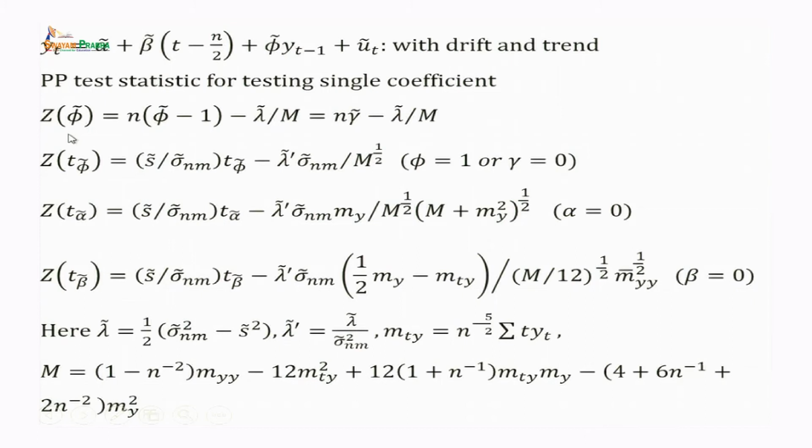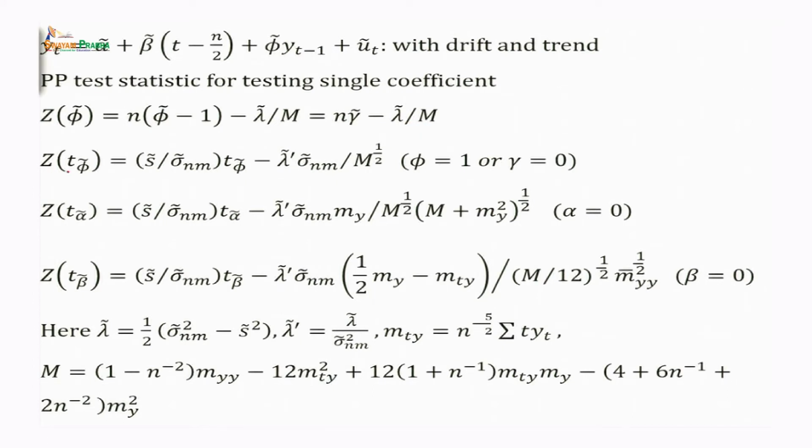Now, we come to the third model, the model with drift and trend. So, again we run least squares for the third model, you get this equation. Then the Phillips-Perron statistics for testing the single coefficients are Z phi curl is equal to n phi curl minus 1 minus lambda curl upon m, or if you write gamma equal to phi minus 1, then this is equal to n gamma curl minus lambda curl upon m.